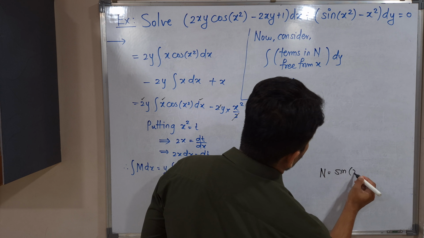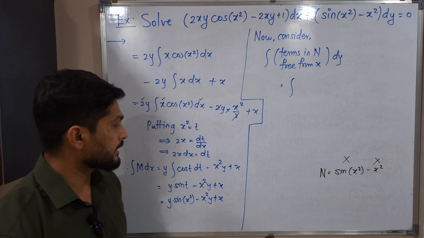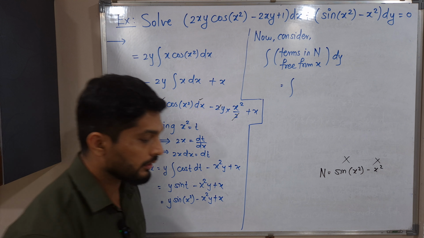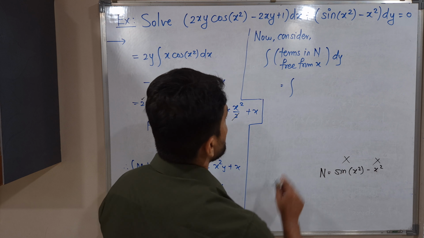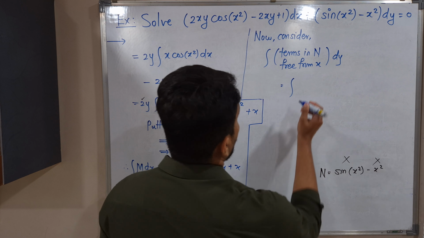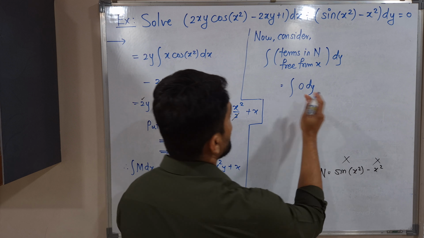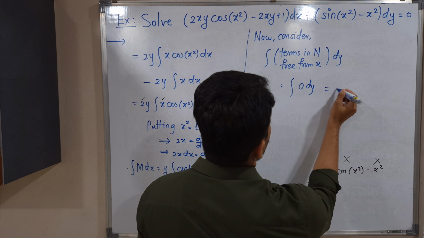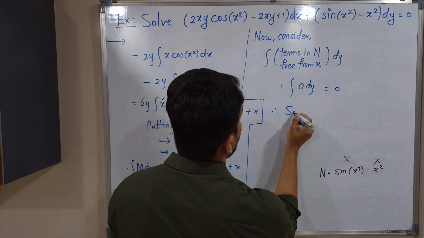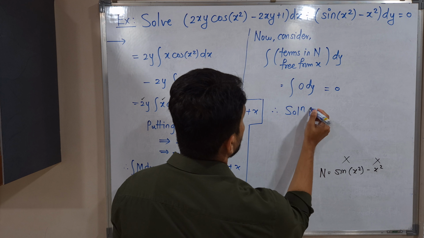In the second term also we have x, so we cannot take the second term. It means we cannot take both terms. So only 0 will be there since both terms contain x. Since we want terms free from x, the integration of 0 is 0.